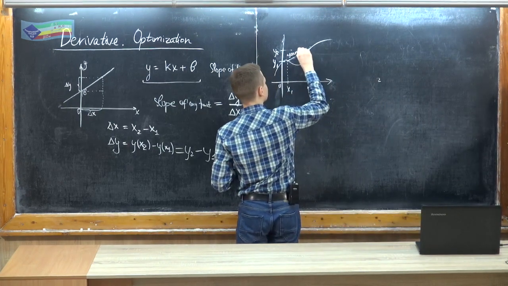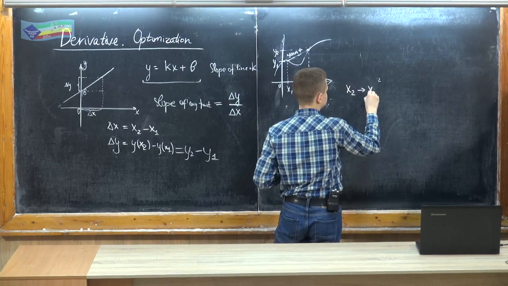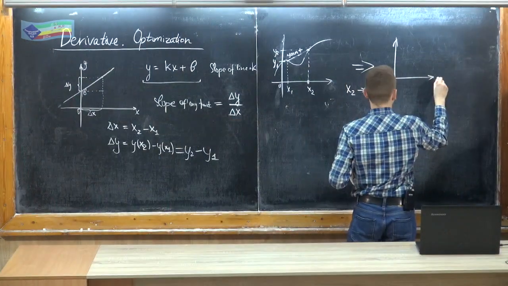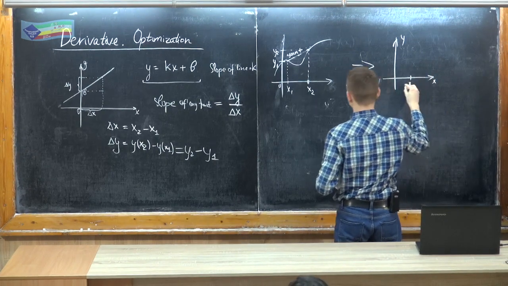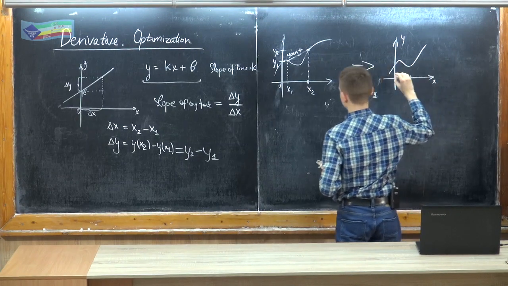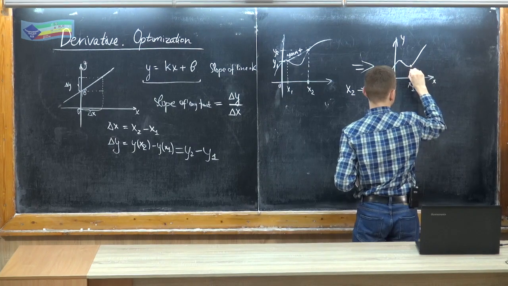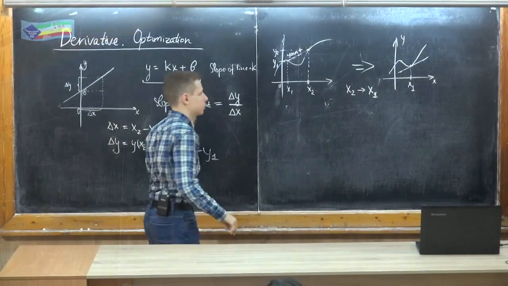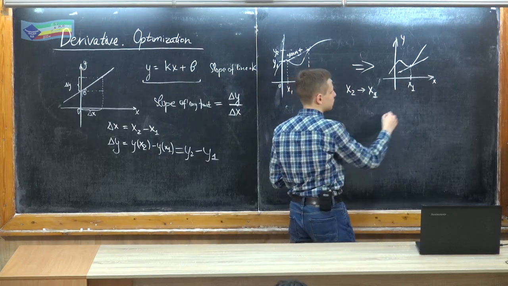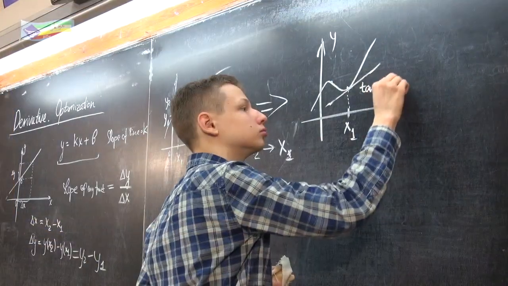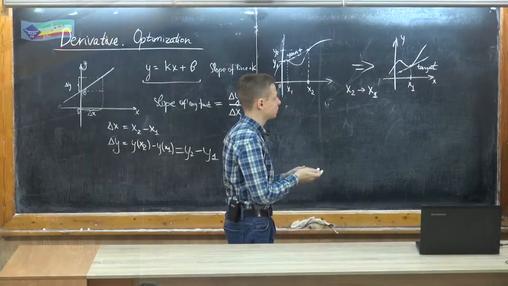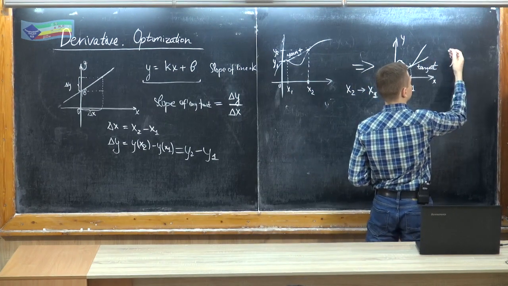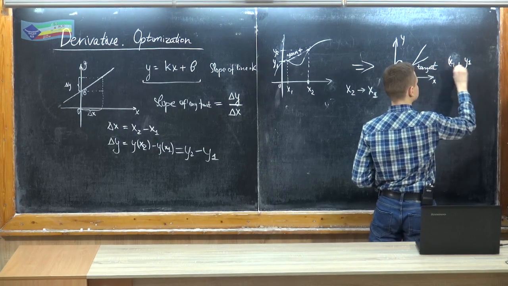This is our secant, and if we reduce the difference between x2 and x1, then our graph will converge into, for example, we want to get the slope of our function, and if we are reducing the difference, then we just get a tangent, which will have with the graph only one common point, and this point is actually equal to x1, y1.